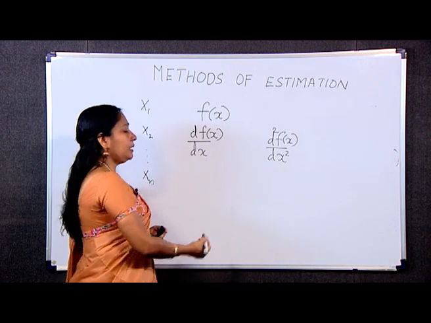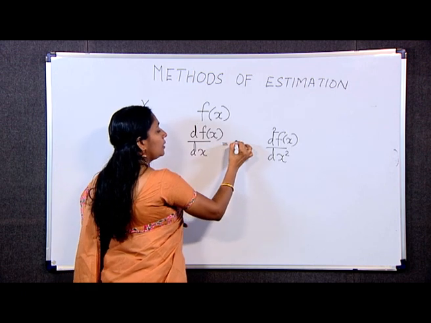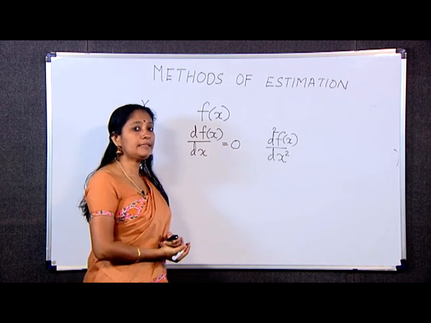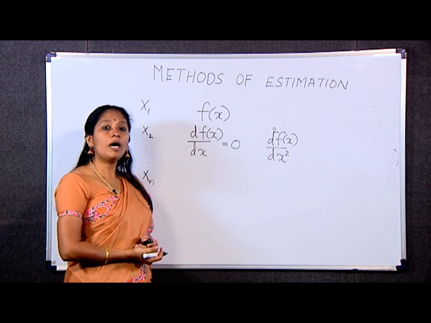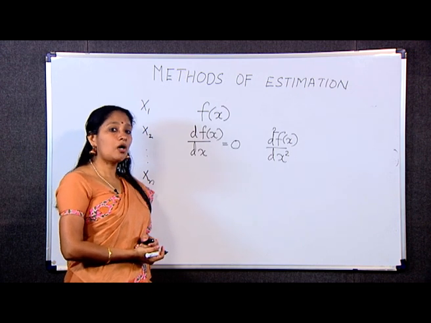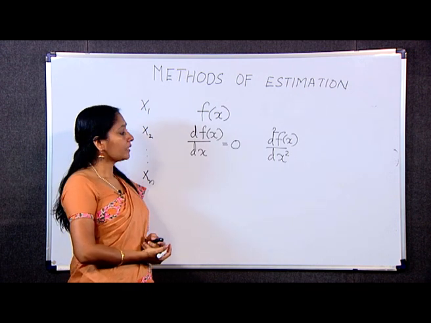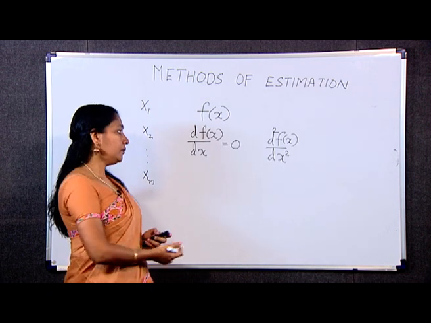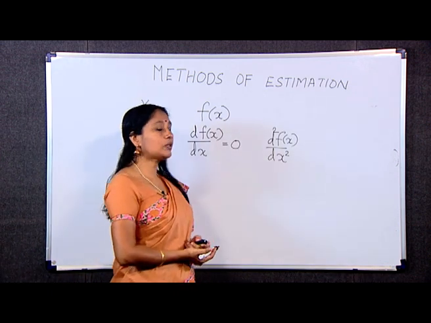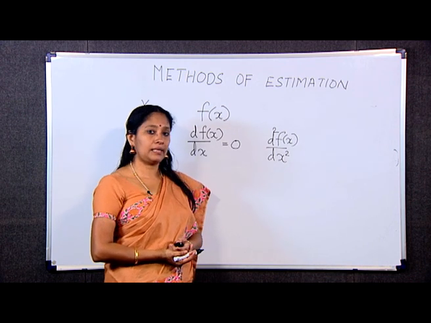By putting df(x)/dx equal to 0, we get the maximum or minimum point by solving that equation, and substitute that value in the second derivative d square f(x)/dx square.